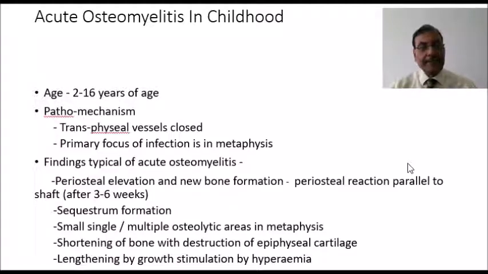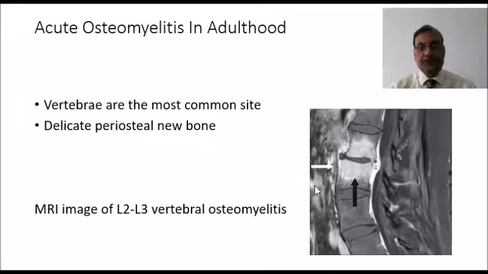And the findings are typical of acute osteomyelitis. We will be concentrating on all those features: the periosteal elevation and new bone formation, sequestrum formation, the multiple osteolytic areas, shortening of the bone, and lengthening sometimes can happen due to hyperemia and stimulation of the growth plate.